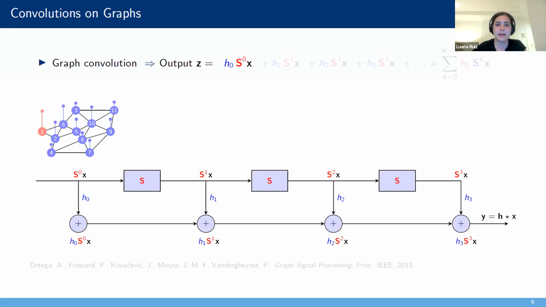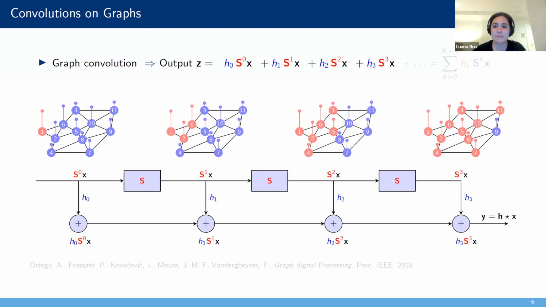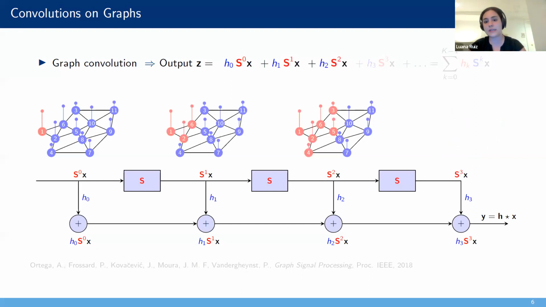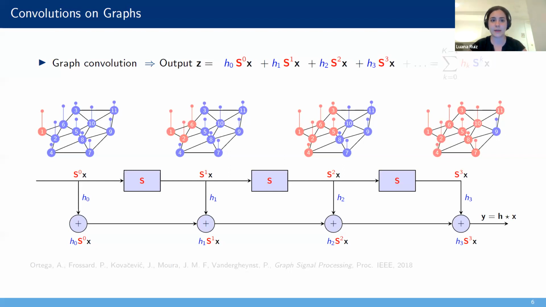So here, assuming the setup that was discussed in the previous talk, where we have a graph that is represented by the adjacency matrix, which here I write S, and a graph signal X, a graph convolution is simply a linear shift invariant filter on top of this graph signal X. And the way in which we represent this mathematically is as a polynomial in the adjacency matrix of the graph applied to the graph signal X. And we can interpret each term of this polynomial as a shift or a diffusion of the data on top of the graph, as you can see in this diagram.